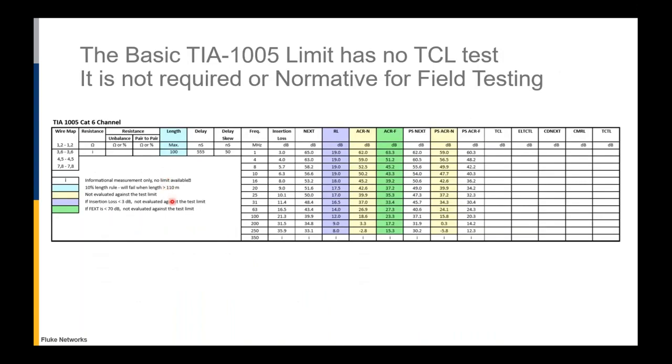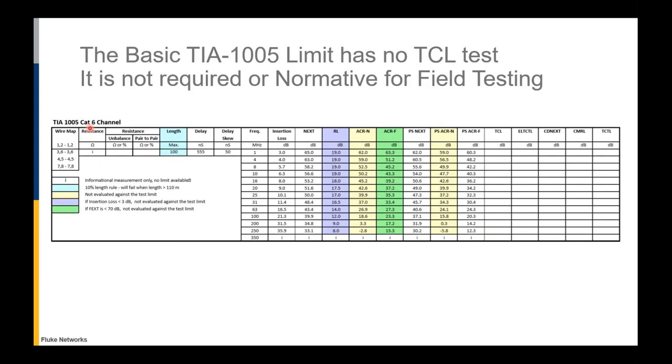So this table, we produce a chart, and in that chart, we take all the test limits that are in the tester. And I'm using this to explain the test limits for a category 6 test. Now, in the basic 1005 test, it's not mandatory to do TCL testing in the field.